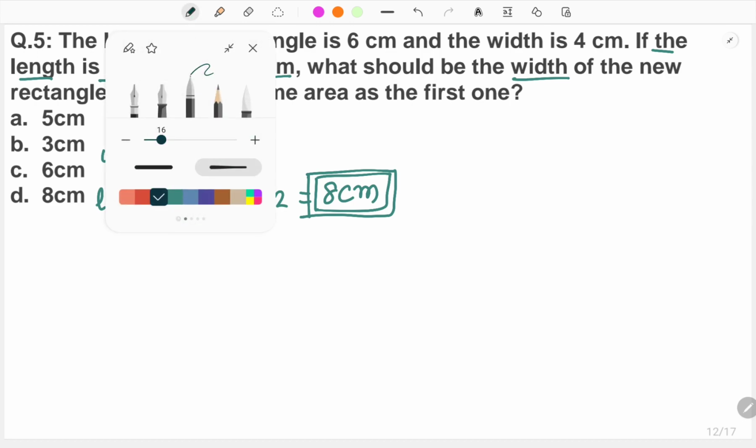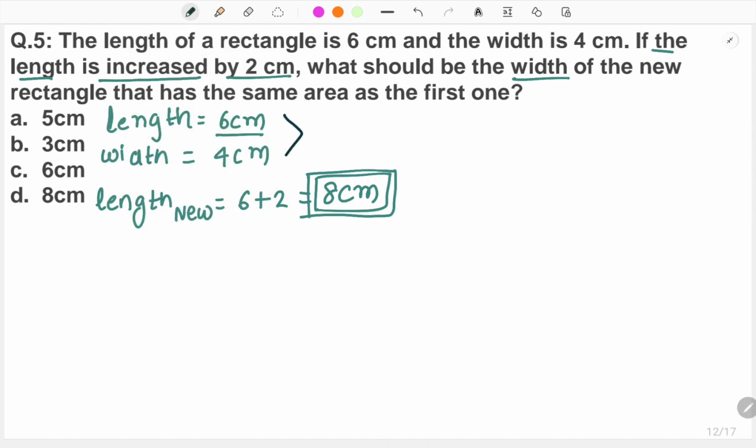Now, the area of the first rectangle, whose length is 6 centimeter and width is 4 centimeter, is same as that of the rectangle whose length is 8 centimeter. We have to find the width. So what I will do is, first of all, I'll find out the area of the first rectangle.